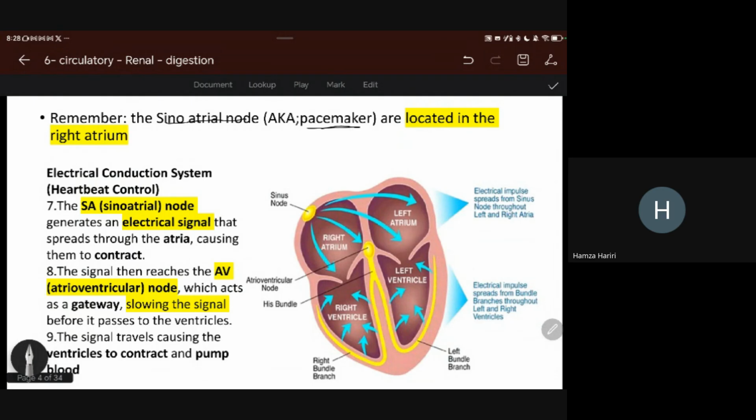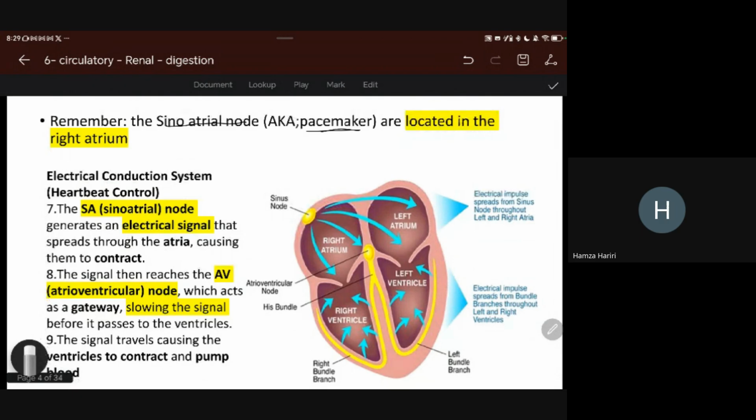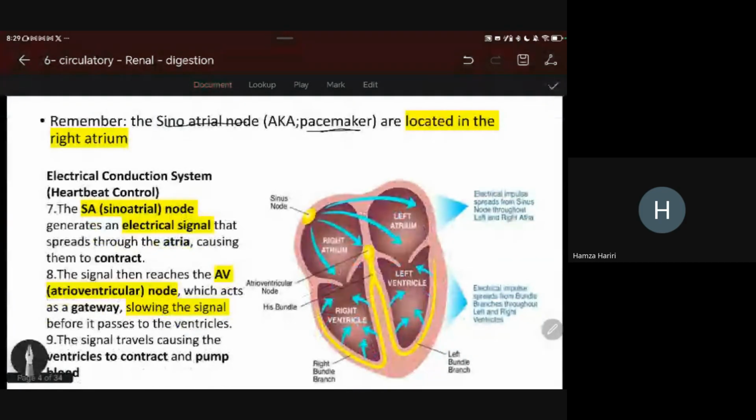As you know, in movies or even in real life, when someone's heart stops pumping, they bring something electrical and shock the heart with it. Why? In hopes that the sinoatrial node starts working again and produces electricity to help the heart in pumping.